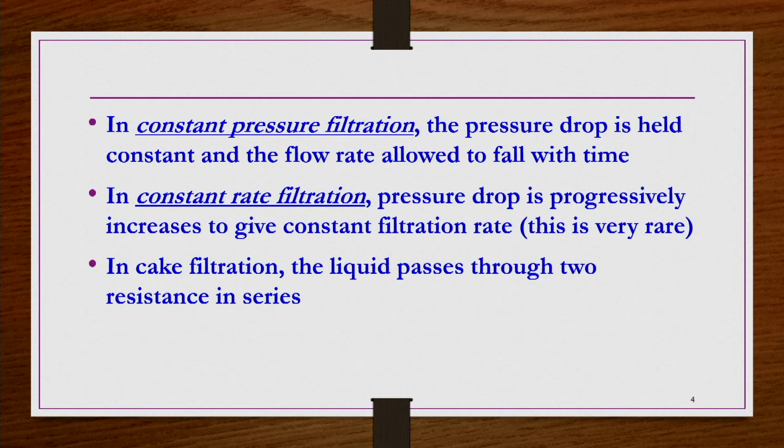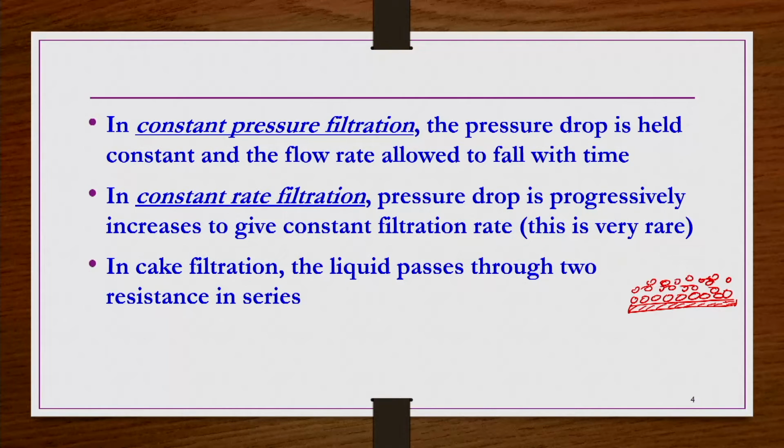So, in cake filtration, the liquid passes through two resistances. One is the resistance offered by the filter medium as it is, and another is that, as time progresses, particles deposit on the surface of the filter medium and form a cake.